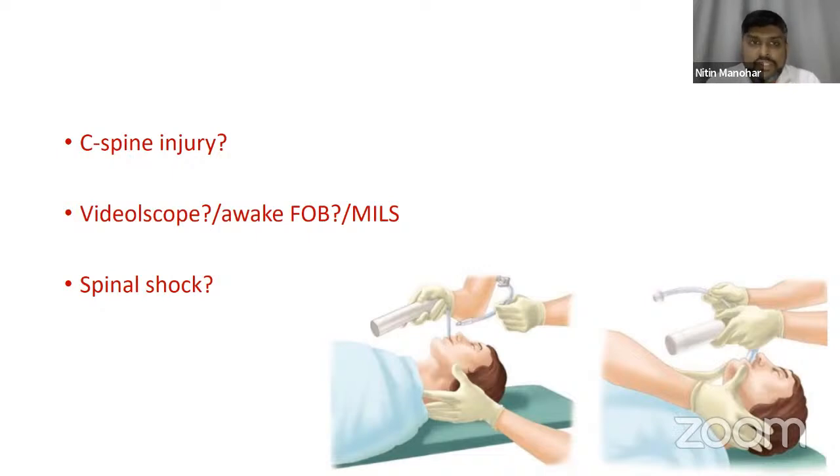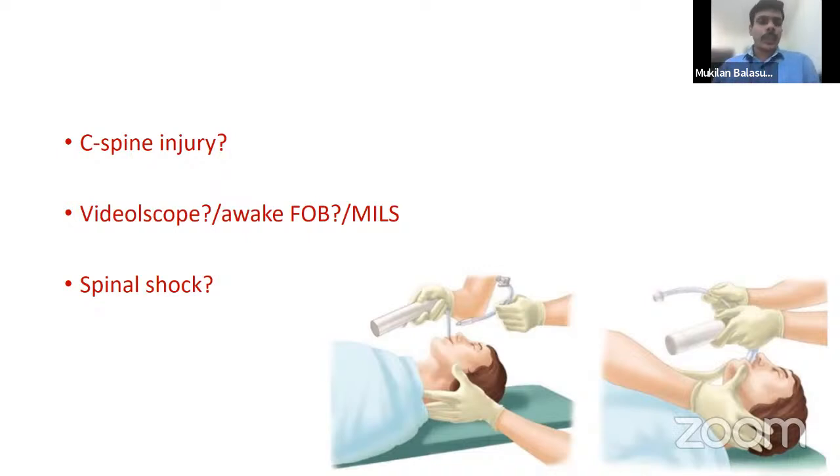Dr. Mukilan, for our trainees, just tell us what is MILS, and if you don't have a video laryngoscope and you don't have a fiber optic, how will you do it? It depends upon the scenario and the resources you have. MILS is manual inline stabilization. You need at least 2 persons to perform it.